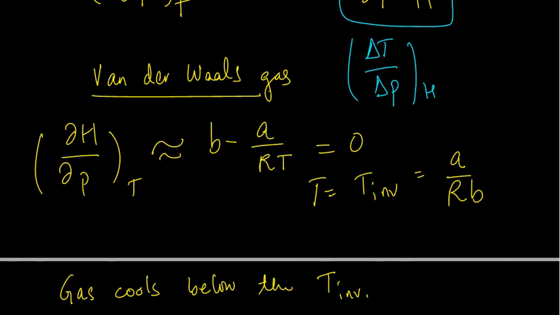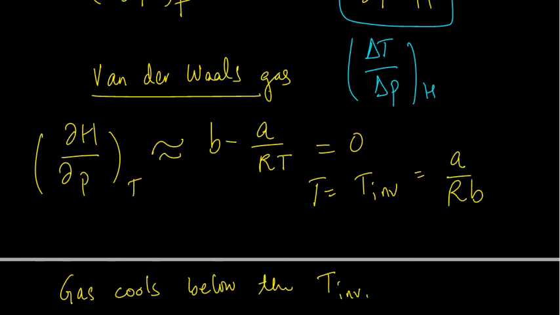If repulsive forces dominate above the inversion temperature, it means that either A should be higher or B should be lower. For a gas, A and B are constant. Fixed. You can't change that. The only thing is that at the inversion temperature, this thing is 0.